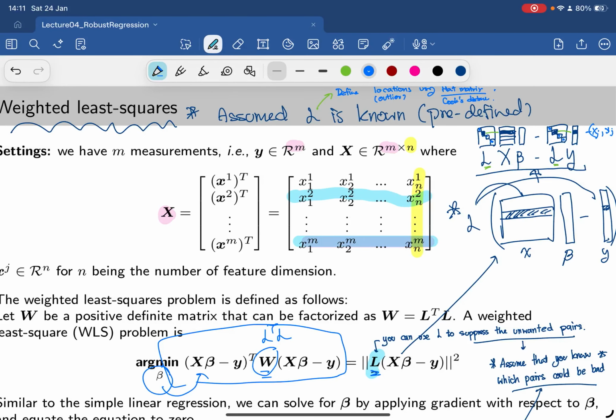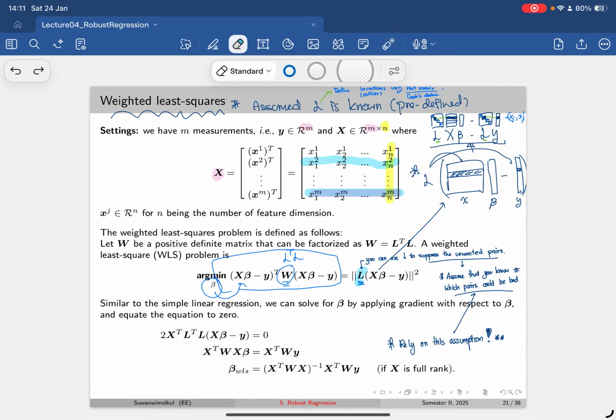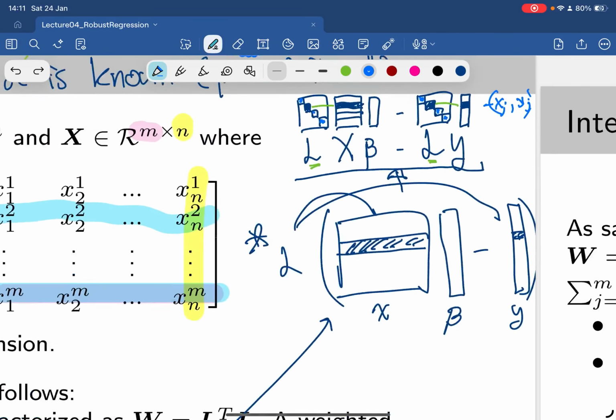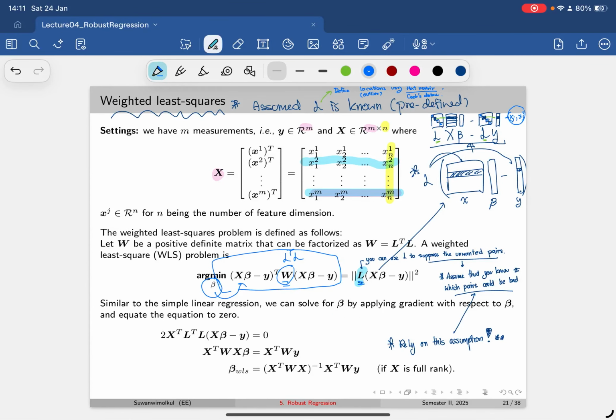With that, it will also automatically reduce the impact of the residual from these outliers. As a result, your estimation for beta wouldn't be dragged by the impact of this outlier as much compared to the original linear regression. So that's the key idea of this algorithm.